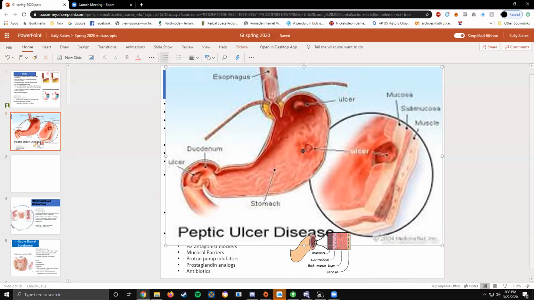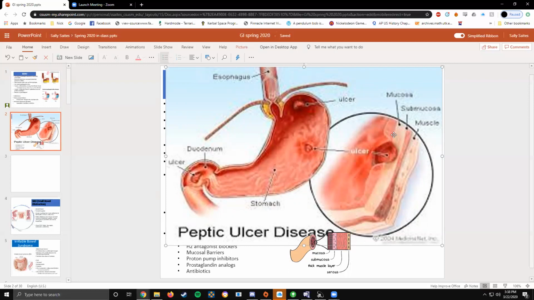So ulcers are formed. These are different ulcers: esophageal, duodenum, and gastric ulcers. Gastric and duodenal are the most common, and because it destroys the lining, this is one where the erosion will actually go all the way through the layers of the mucosa of the GI tract in the stomach.